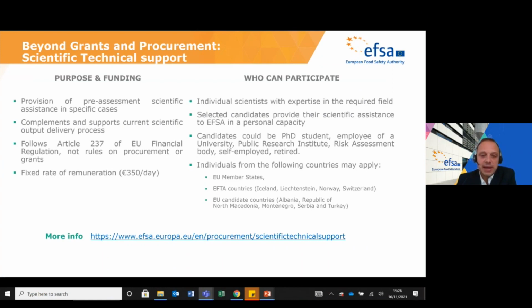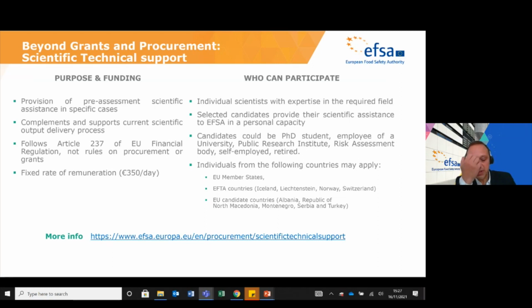The scheme is implemented by a call for expression of interest that is published, and then it's continuously open for a duration of 4 years. Under this call, candidates can register, and their applications would be assessed periodically on a need basis.